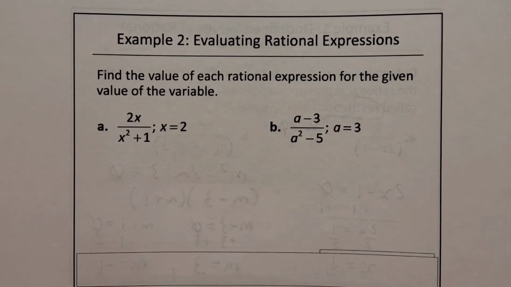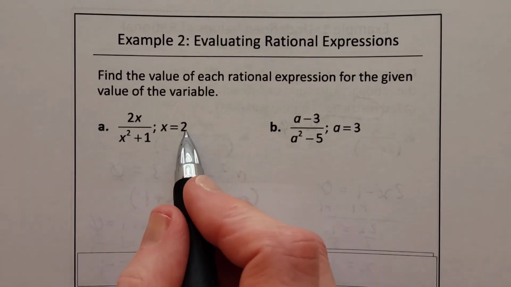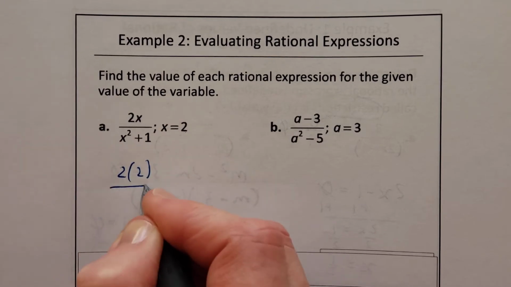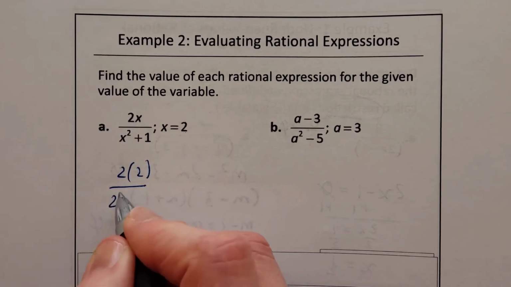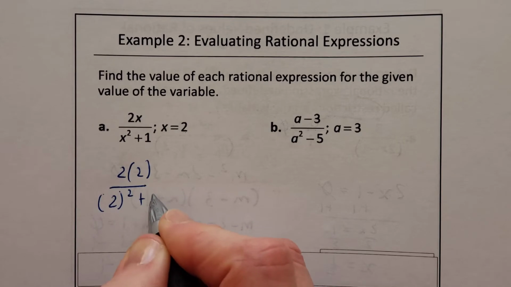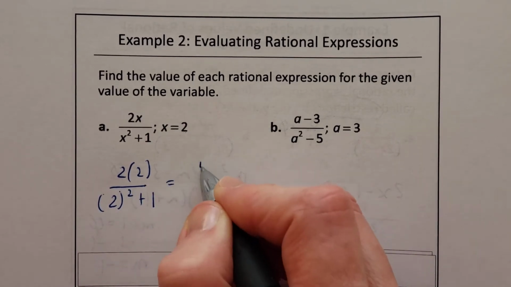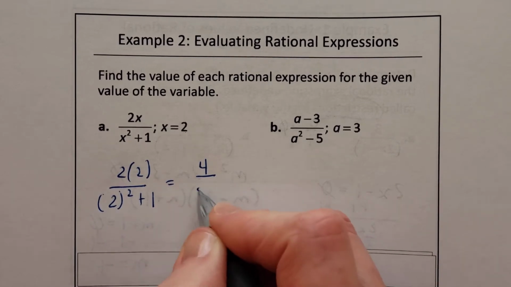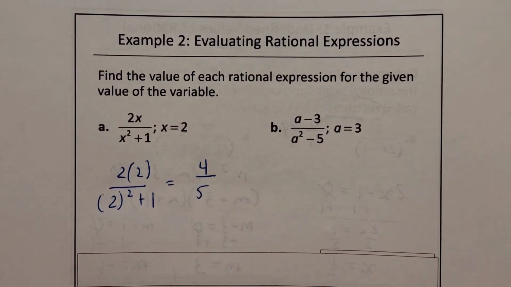All it wants us to do is substitute on this particular problem. So if x is 2, we're going to multiply 2 times 2 over 2 squared plus 1. Well, 2 times 2 is 4, 2 squared is 4, and 4 plus 1 is 5. So we have evaluated this rational expression.